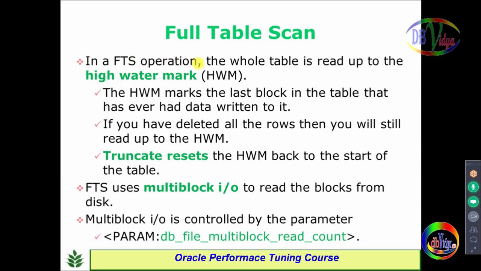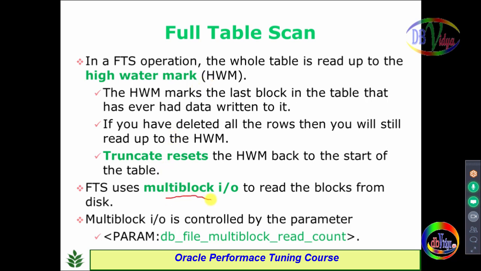In an FTS operation, it reads till the high watermark. Whether you have empty blocks, used blocks, or partial data blocks, whatever it may be, it reads till the high watermark. Truncate resets the high watermark back to the start of the table. Full table scan uses a concept called multi-block IO.